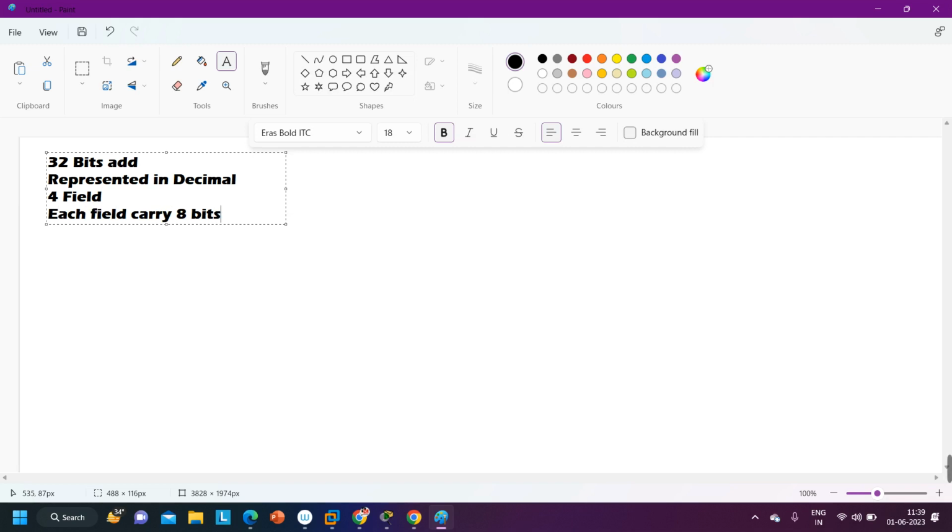Yeah, that's correct. That means my lowest IP address will be 0.0.0.0 and my largest IP address will be 255.255.255.255. This will be the range of IPv4 addresses.